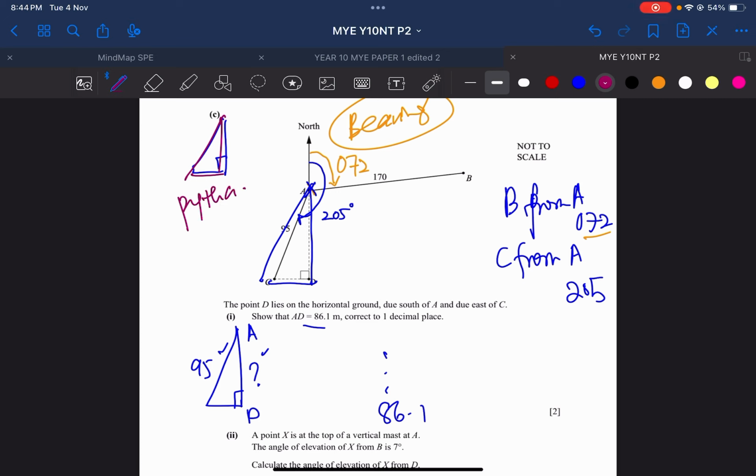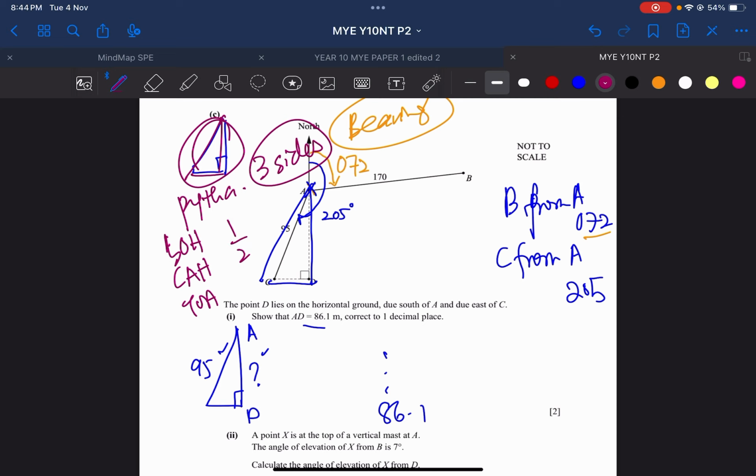And then kalau Pythagoras theorem, artinya 3 sides yang involved. And then kalau sekiranya ada angle involved dalam ni, again right angle triangle, so soh kah toa. Okay, and then the other one will be half times base times height.